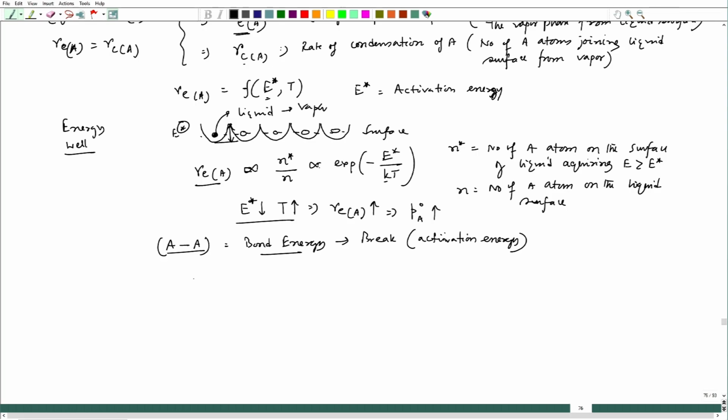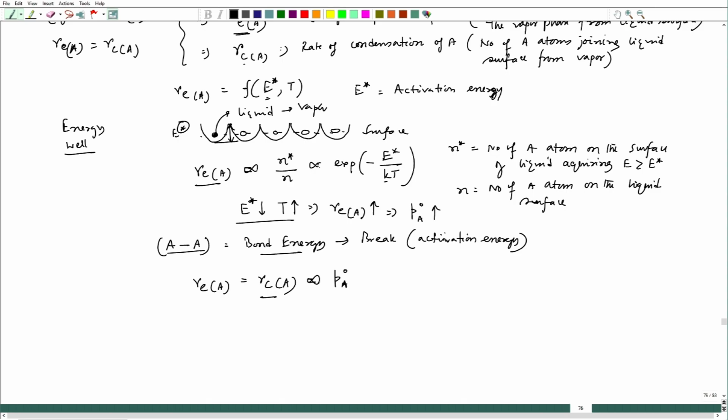Now, come to the other situation. Once we know that R_E A equals R_C A, if I try to find out R_C A, it will be proportional to P_A naught. Why? Because R_C is the rate of condensation, that means the number of atoms in the vapor phase that leave the vapor phase and join the liquid surface.